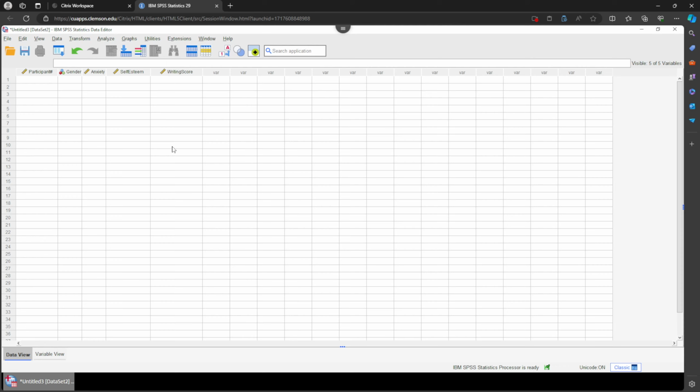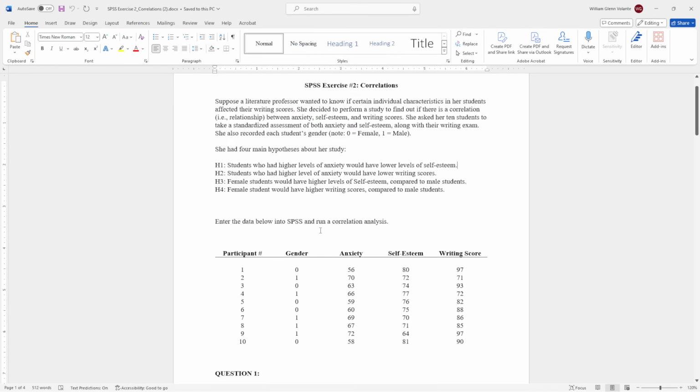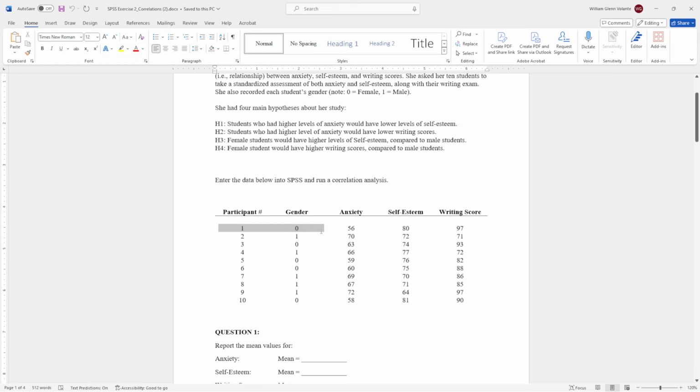All right, what I'm going to do next is go over to my assignment, and I am going to copy and paste the data into SPSS so that we can work with it there. As a reminder, remember when we copy and paste our data, we want to just select the data itself, make sure not to include any of the labels or titles under the variables.